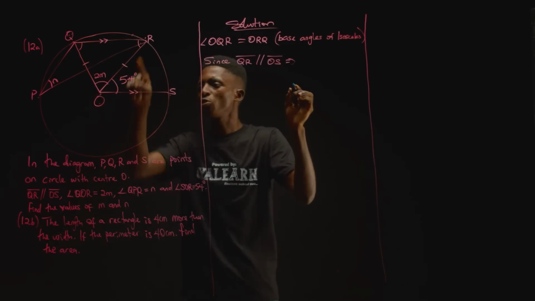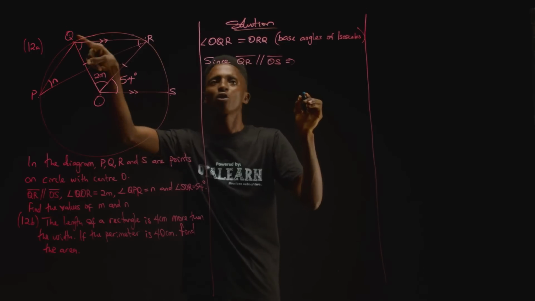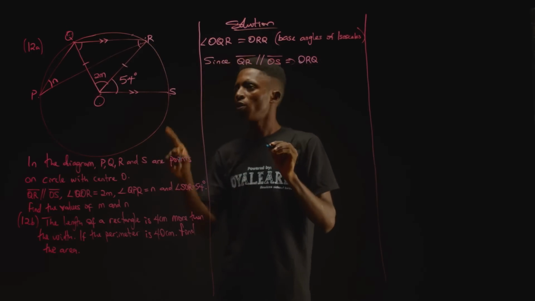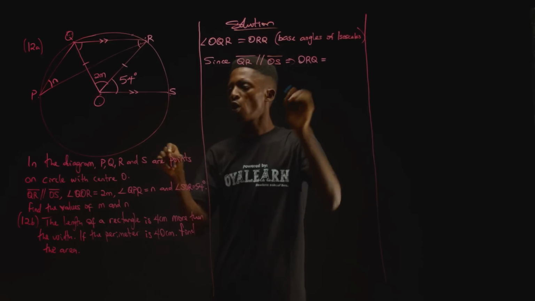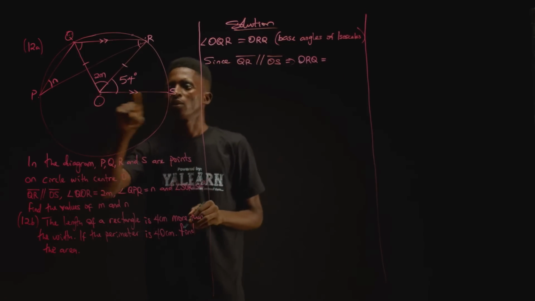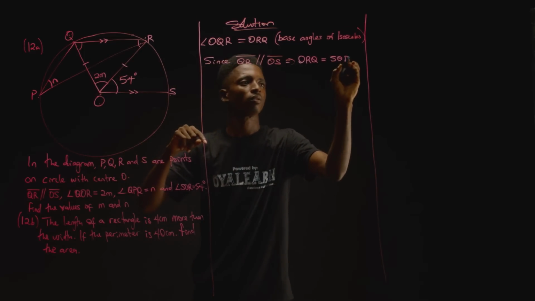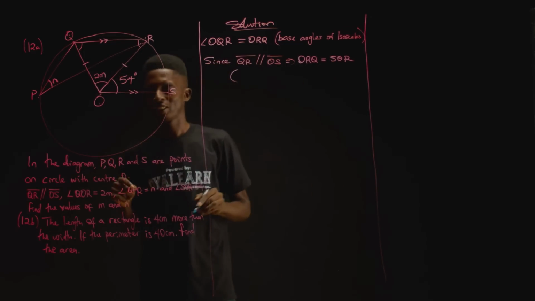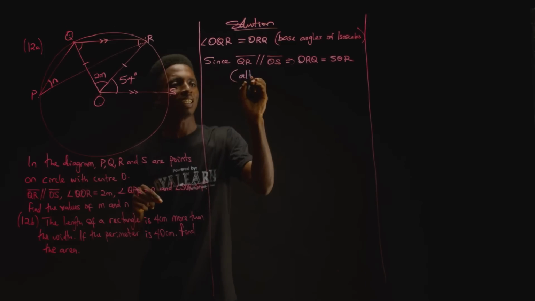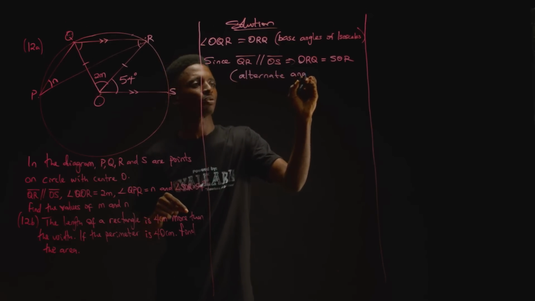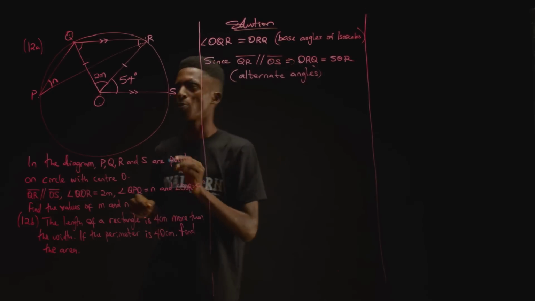It implies that ORQ, right, equals SOR. And the reason for this is what? Alternate angles, right?